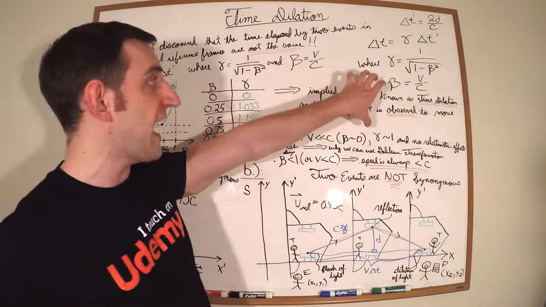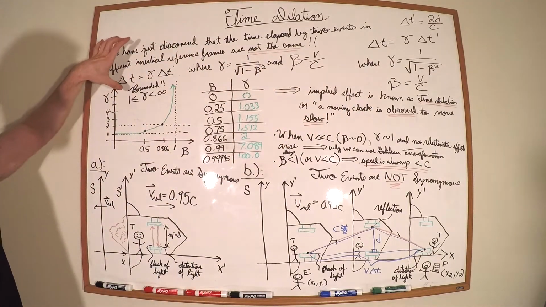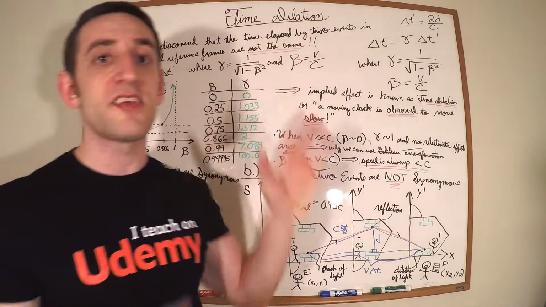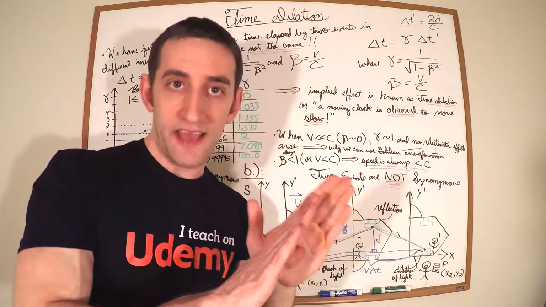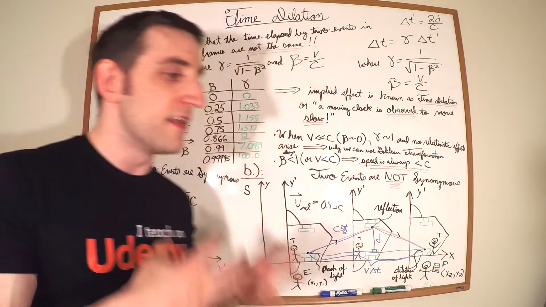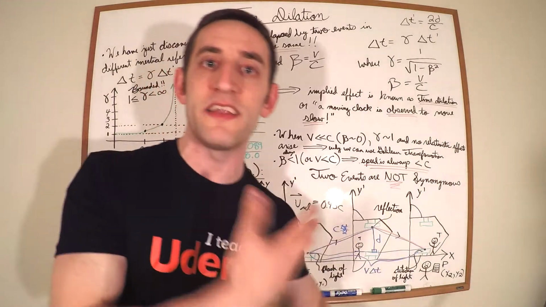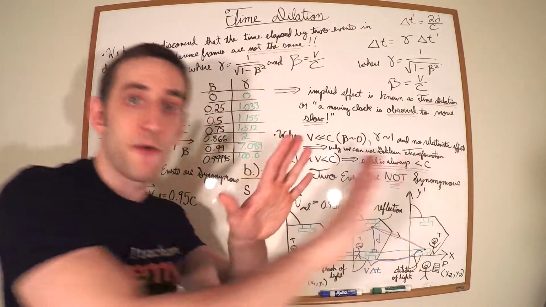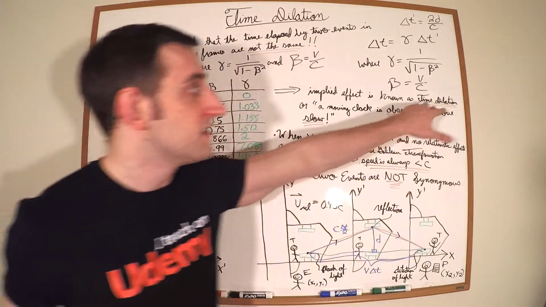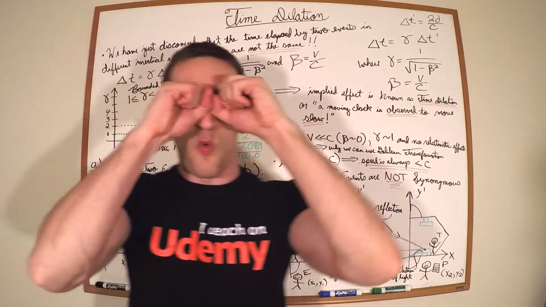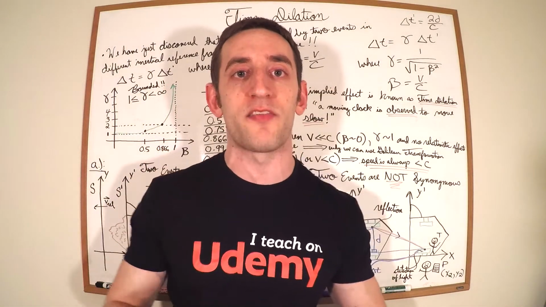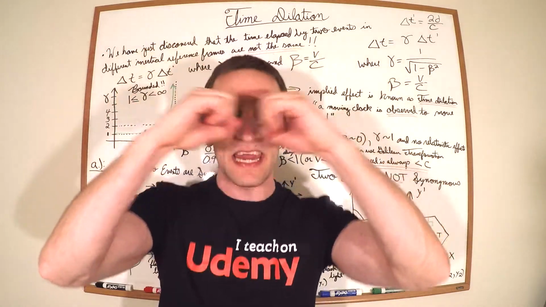So the implied effect we just discovered, we're going to call time dilation. As I say in physics a lot of the time, the names we give to concepts dictate the behavior of the phenomenon that's taking place. Dilation, think of dilation of your eyeballs. It means getting bigger, getting larger.